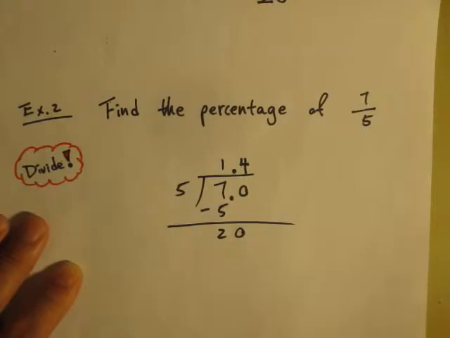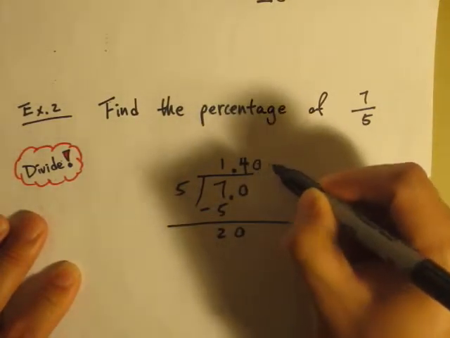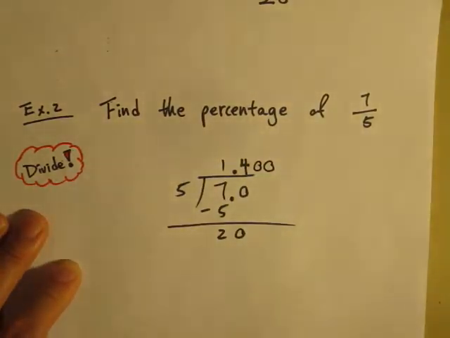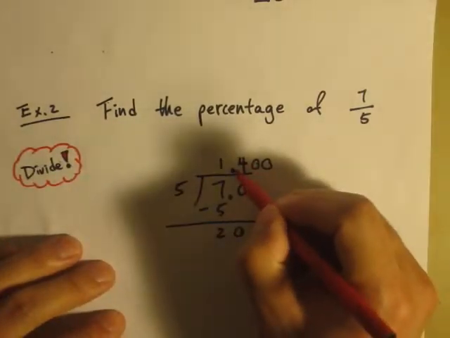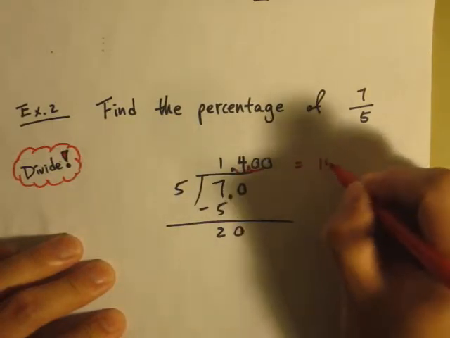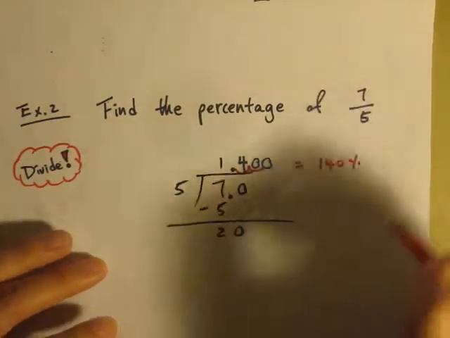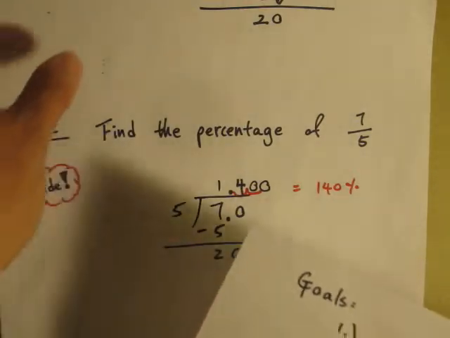We can still make this a percentage. You can always add 0s behind the decimal. Again, moving from decimal to percent, we move to the right 2 times. 1, 2. And finally, this is going to be 140%. Yes, we can go over 100%. As a matter of fact, we can go as big as we want. We can go into the thousands, millions of percent.